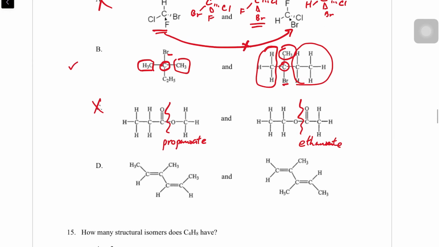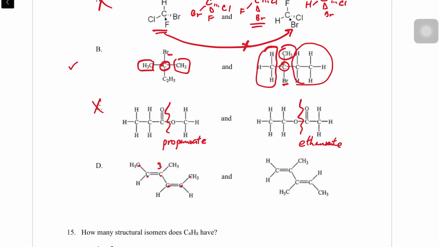Finally, let's see. 1, 2, 3. Let's check the longest carbon chain. We try to ignore the cis and trans first. 1, 2, 3, 4, 5, 6. So in the third position there should be a methyl group.